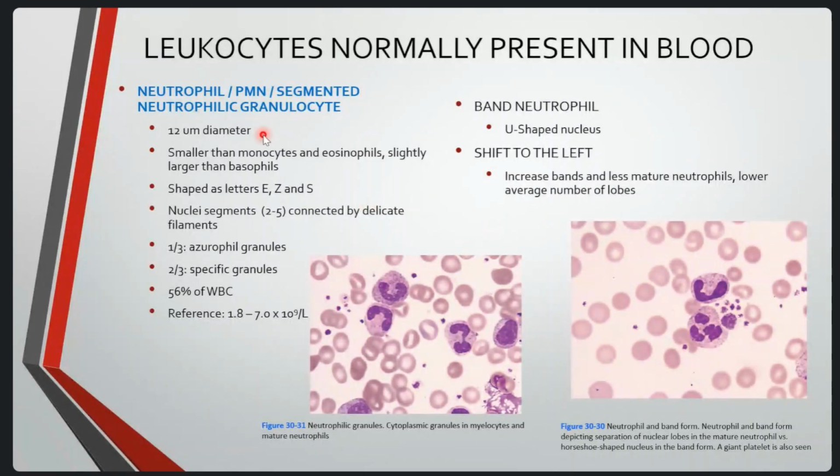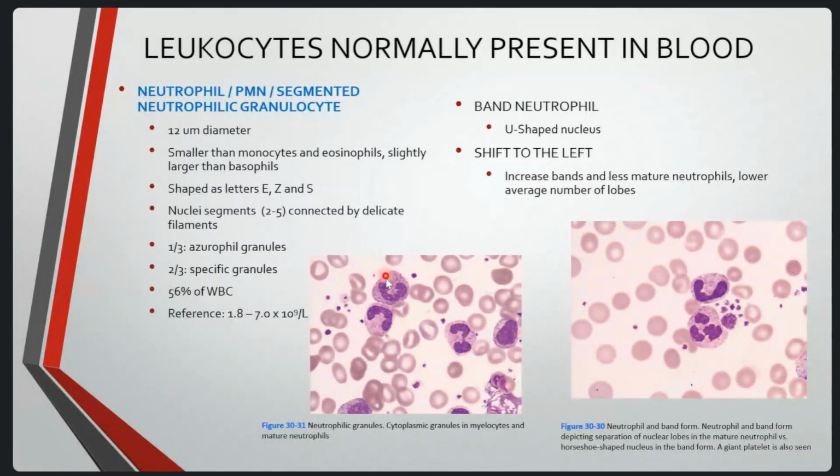The neutrophil, also known as the polymorphonuclear cell, or the segmented neutrophilic granulocyte, is the most abundant among our WBCs. It is about 12 microns in diameter. They are smaller than monocytes and eosinophils, but slightly larger than the basophils. The nuclear segments can vary from 2 to 5, but on average they are 3.